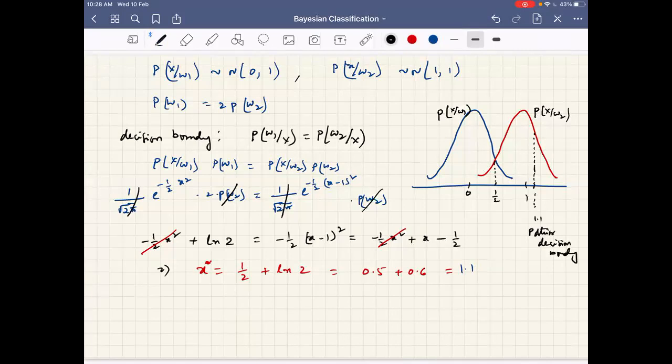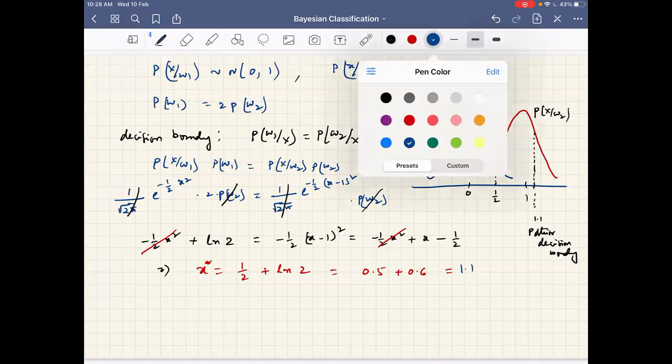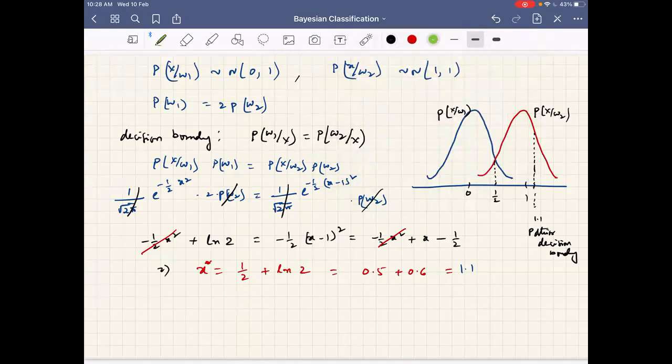It overweights P of omega 1 being very high probability; even a testing sample that comes close to the mean of the second class, we will put into the first class while classifying. In training samples, we anyway don't bother, we don't test them, because they are training samples.